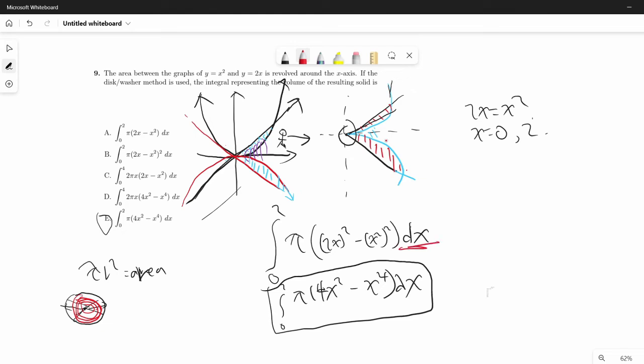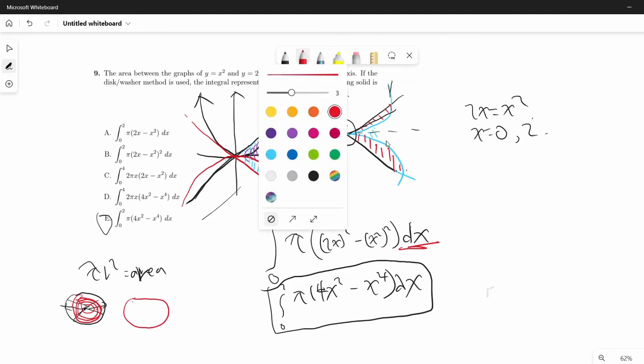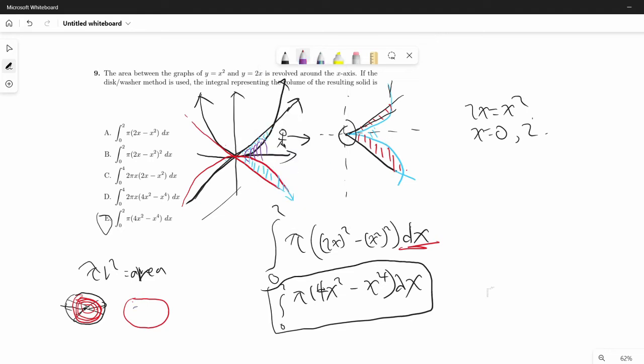And for every little bit of the circle, since the circle has two parts, right? It's capped outside by the line and then inside by the parabola. We're taking the area in between those. That's why we have pi r squared of the outside, rather 2x squared.